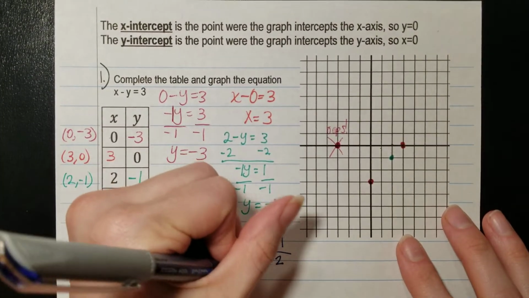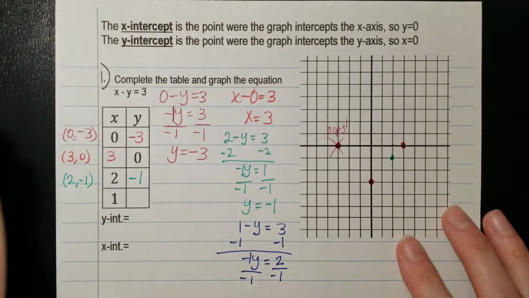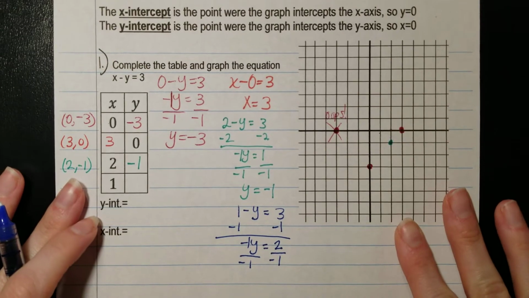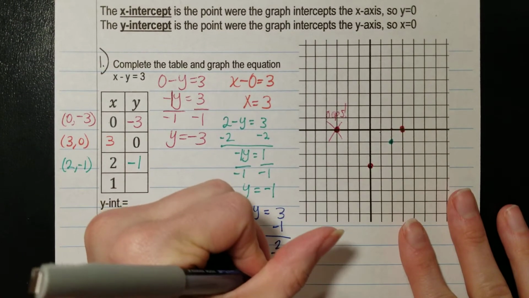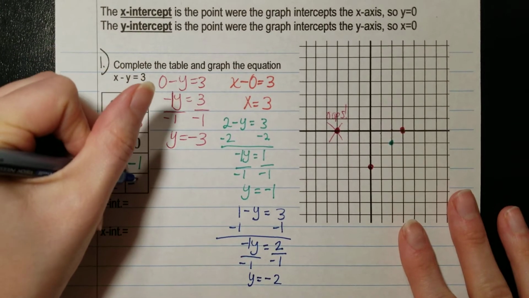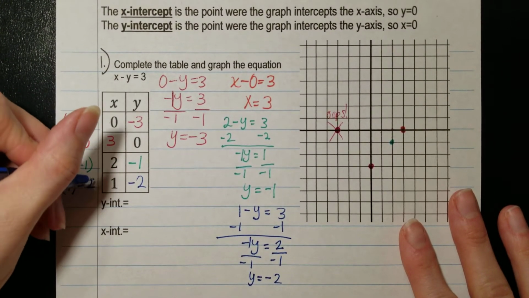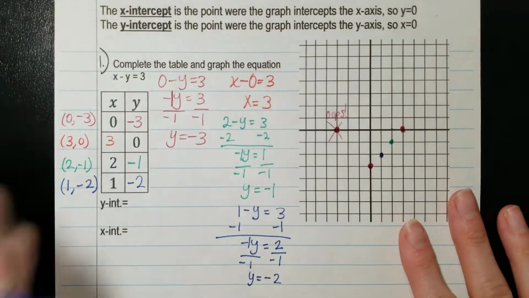And then divide both sides by negative 1, so that would give you y equals negative 2. So whenever x is 1, y equals negative 2. So (1, -2) is another point on the graph. I'll plot it right there.